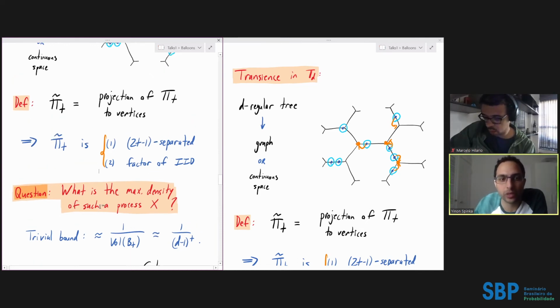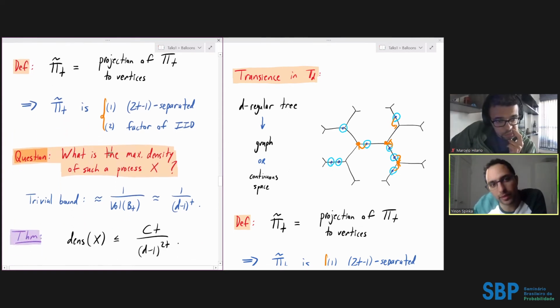However, here we just use the first property, just the fact that it's well separated, 2t minus 1 separated. We didn't use the fact that it's a factor of IID. And actually, if you include this second property, this reduces the possible density by a lot. So I should also say, if you just want the first property, this trivial bound is actually more or less the correct bound.